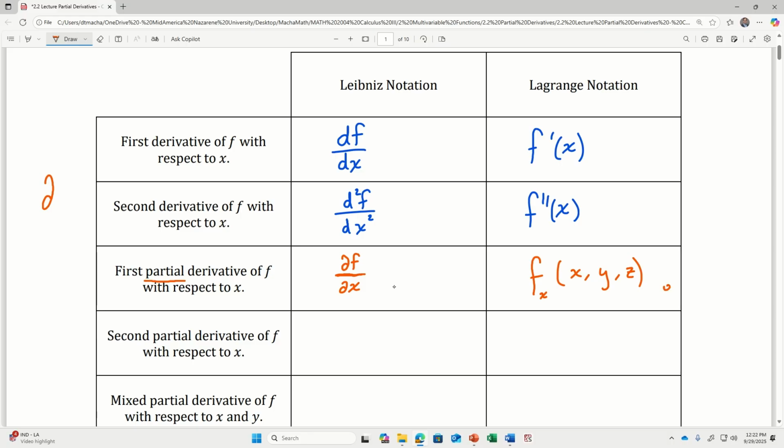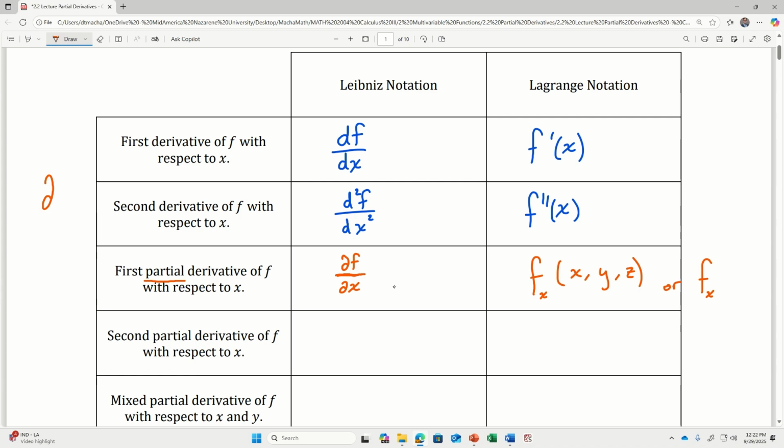And sometimes we could just write this if we don't want to be obnoxious with the whole argument part. This is basically saying the name of my function is f, the arguments are 3 variables, x, y, and z, and I'm taking the partial with respect to x. But you could do this in shorthand and just write f with a little x next to it.